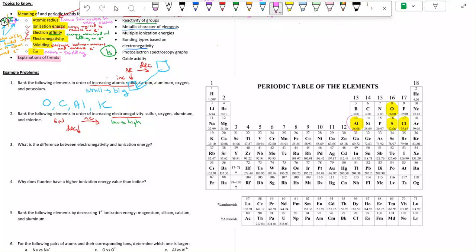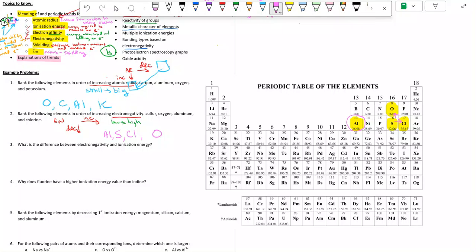We should identify that the lowest is aluminum. Okay, and then the next one is going to be sulfur. Okay, and then I have chlorine and oxygen. If you had to dictate which matters more, the across or the up and down, definitely the up and down matters more than the across. Okay, and so the next one is going to be Cl, and then the biggest is going to be O. Okay, so energy levels is going to be more important than protons there.